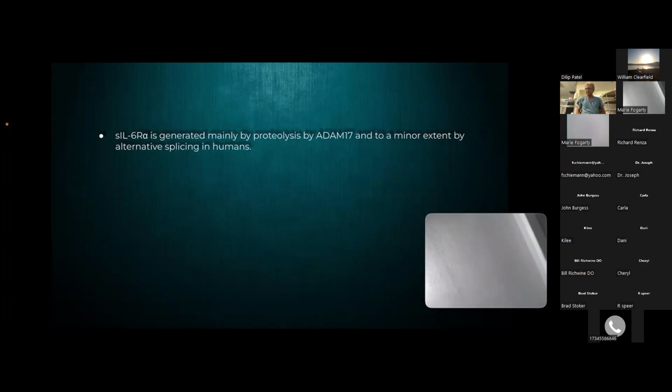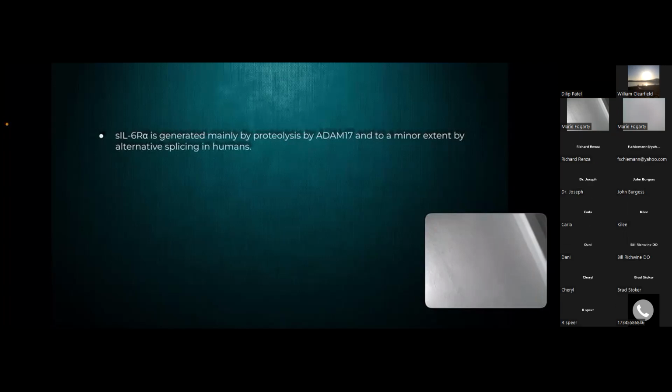So disintegrin, that's what the D stands for, disintegrin, disintegrate. So if you disintegrate the receptor, you're cleaving it off, and then it floats around in the bloodstream and binds to interleukin 6, which allows it to hit other cells in the body.